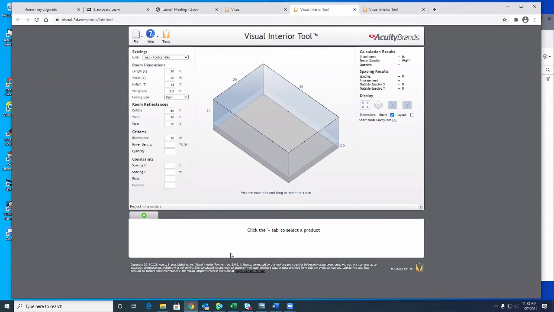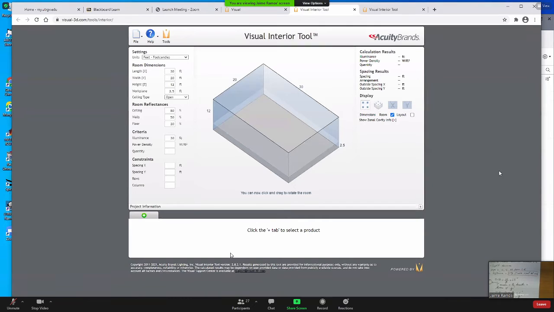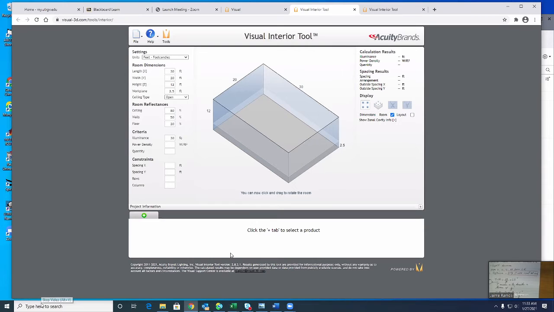So that's a hypothetical interior space. So we can see some dimensions there. And then in the center is the room, an interior. And then we have the room dimensions, and we are using English units, feet and foot candles.